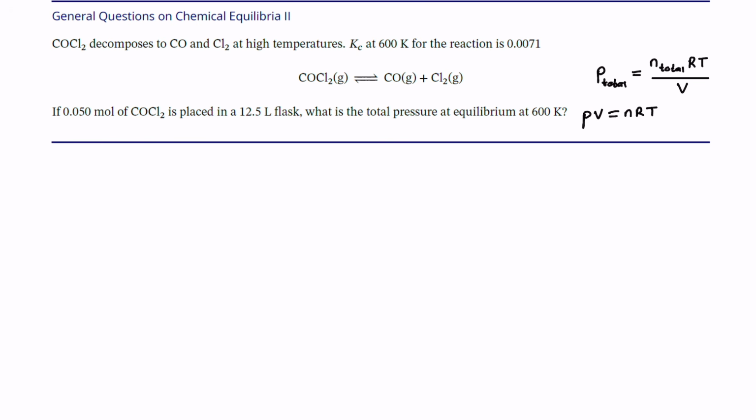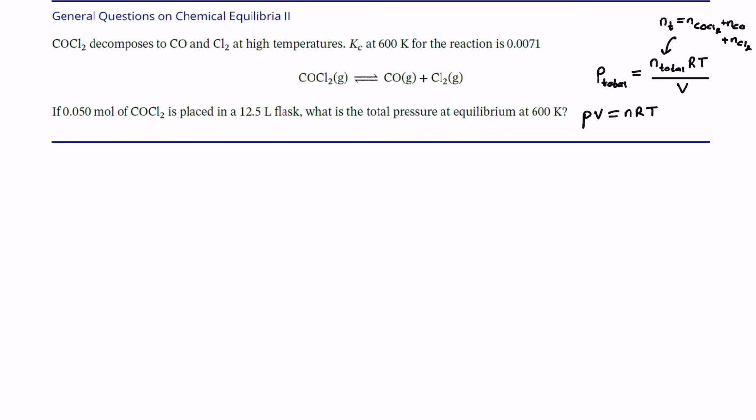Remember, the total pressure of a mixture of ideal gases, so we assume these are ideal gases, is determined by the total number of moles, which is the sum of all the individual numbers of moles. So n total, I'm just going to call it nT for now, is equal to the number of moles of the carbonyl chloride plus the number of moles of the carbon monoxide plus the number of moles of the chlorine. That multiplied by RT divided by the volume of the flask gives us the total pressure. So we want to get to what the total number of moles is.